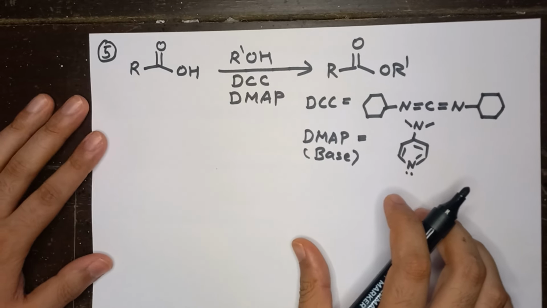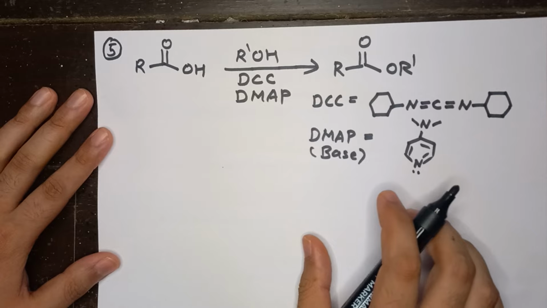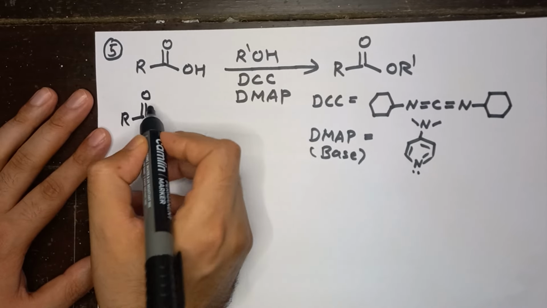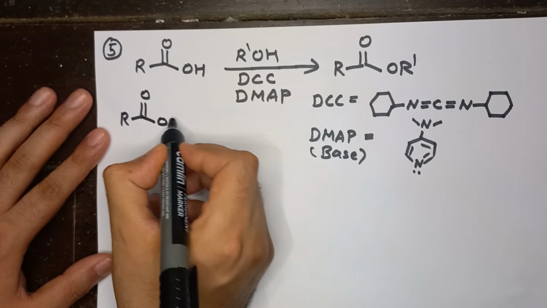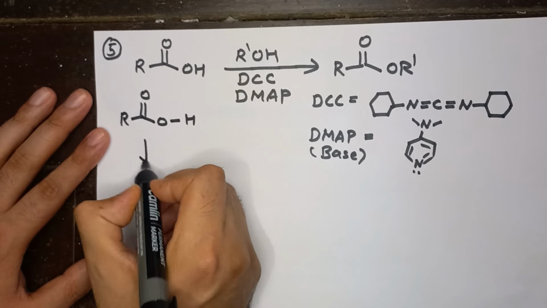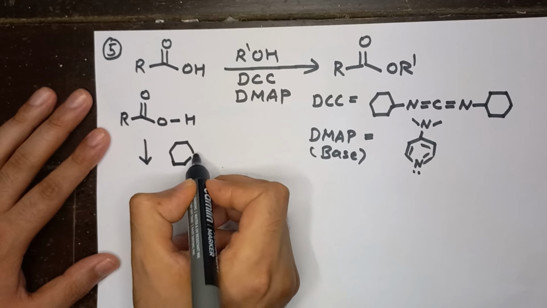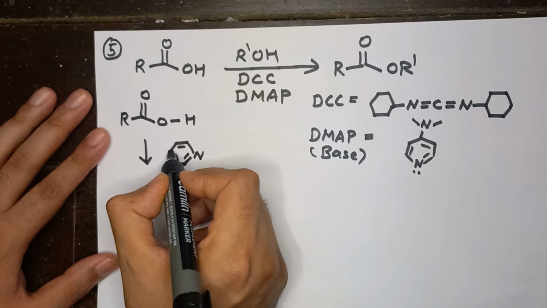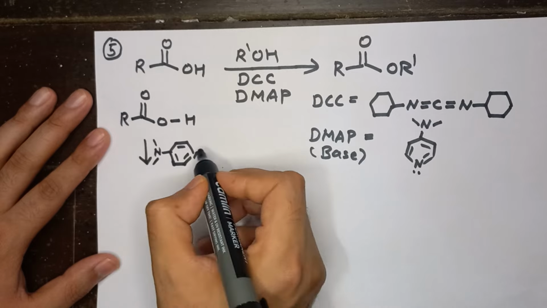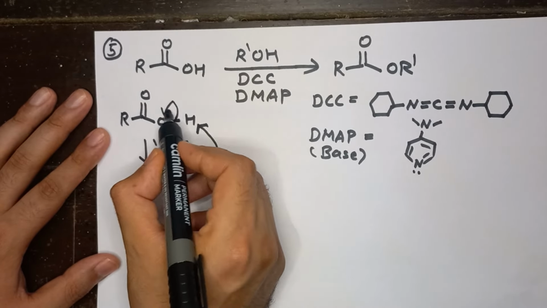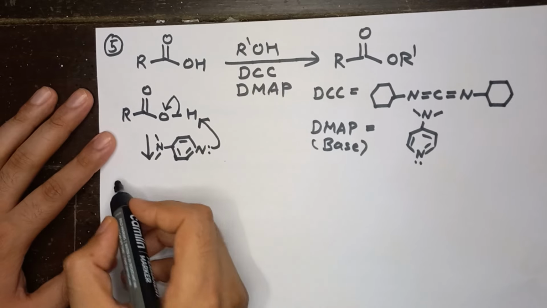Okay, so let's begin. So we have a carboxylic acid and we have a DMAP, which is a base. So this DMAP will act as a base, will take this proton, will generate a carboxylate anion.